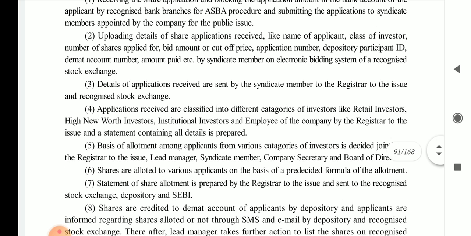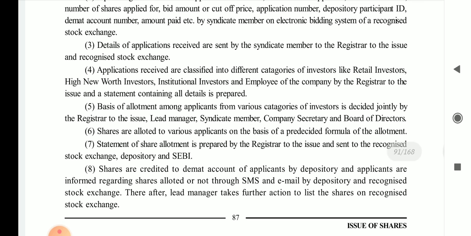Details of the applications received are sent by the syndicate members to the registrar to the issue and the recognized stock exchange. All applications received by the syndicate member are registered in a recognized stock exchange. Applications received are classified into different categories of investors like retail investor, high net worth investor, institutional investor, and employees of the company by the registrar to the issue, and a statement containing all the details is prepared.